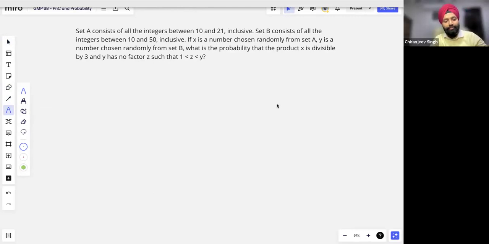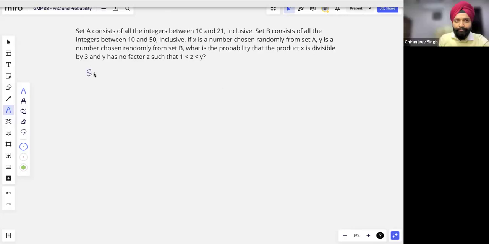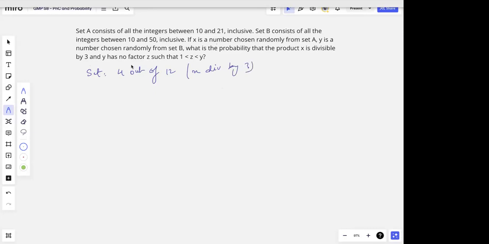Khushbu, can you share how you went about it? Yes, sir. Here we are supposed to find the probability that the product X is divisible by 3. There are 4 cases out of 12 from set A. Because you mentioned X is divisible by 3, 4 by 12 would be the answer.